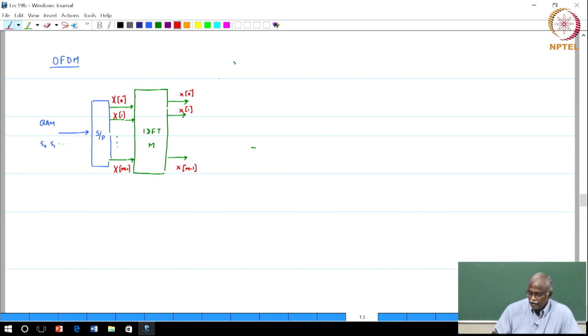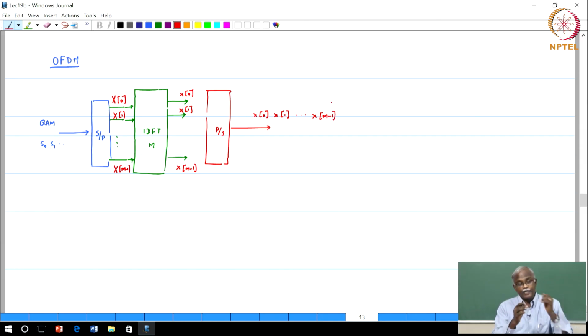And after this, you would have had a parallel to serial converter. So what would come out of this block would be x naught of 0, x naught of 1, x naught of m minus 1.